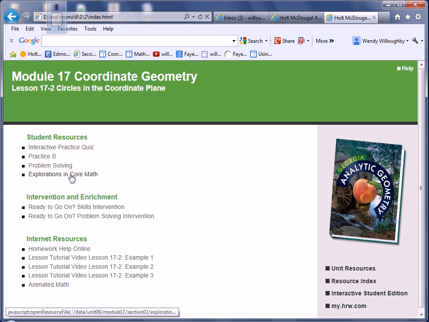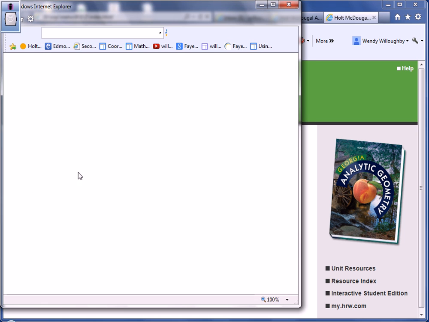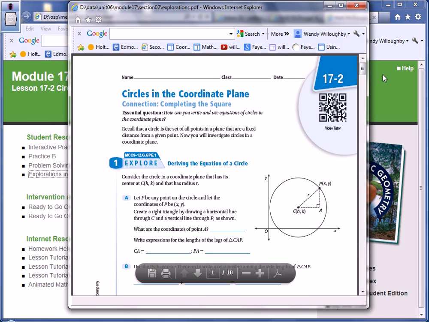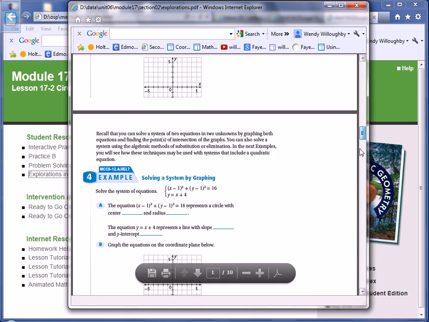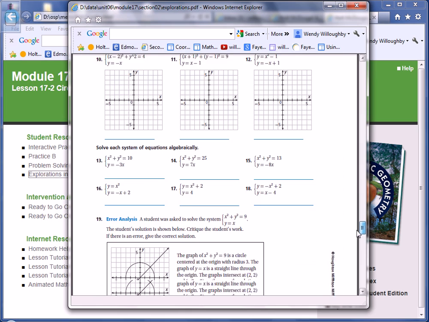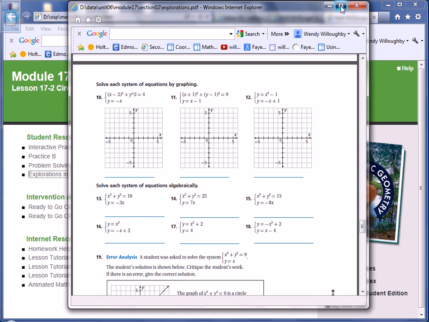I'll see if I'll have a book after we go through this, and I might have an opportunity to answer questions. Alright, so here we go. Circles and lines.